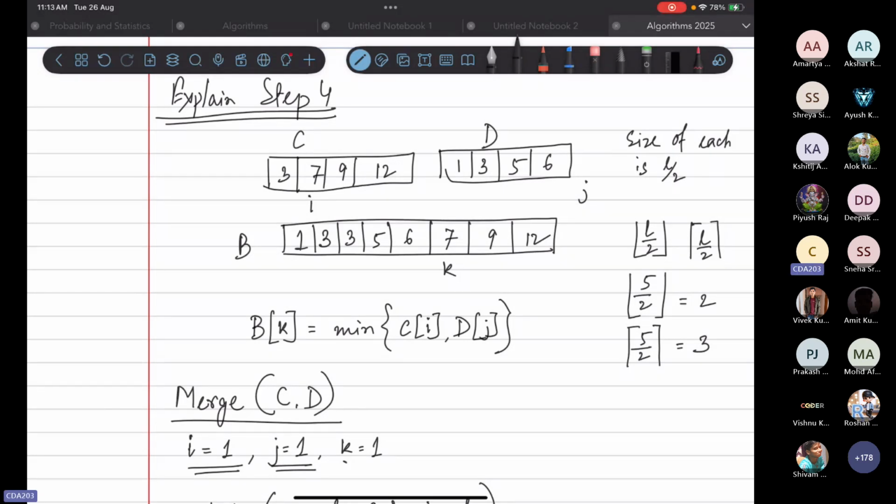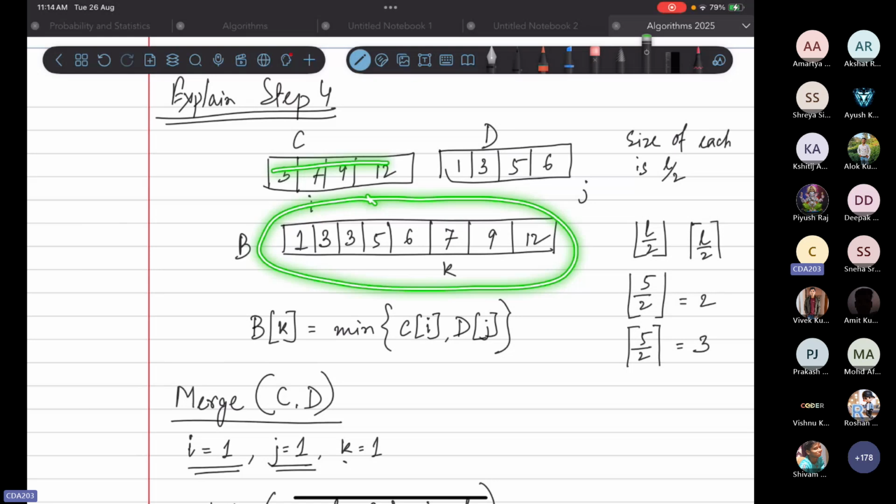I keep on comparing them, Ci and Dj. Then there's no harm in it. So at the end, how many numbers are we going to put in the B array? The size of this B array will be the number of elements here plus the number of elements here. At most, we are going to do it for those many elements.